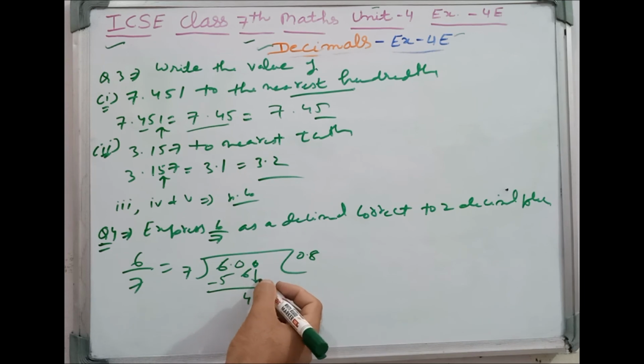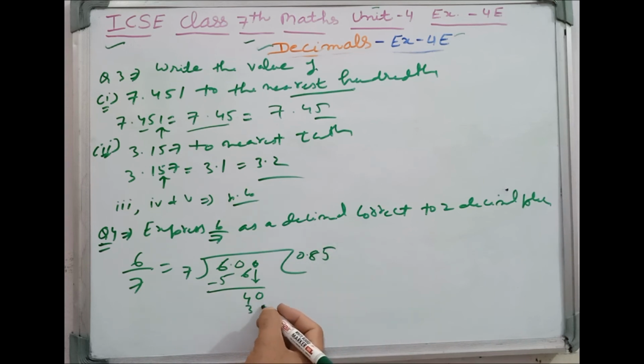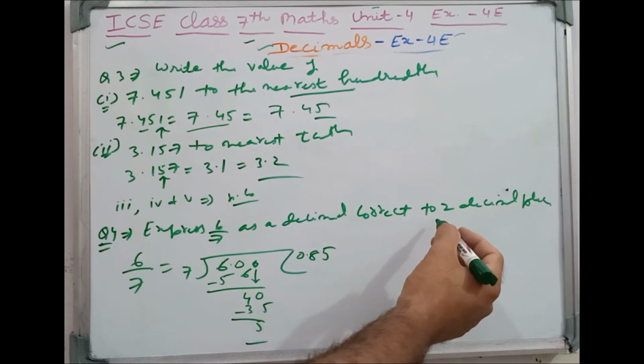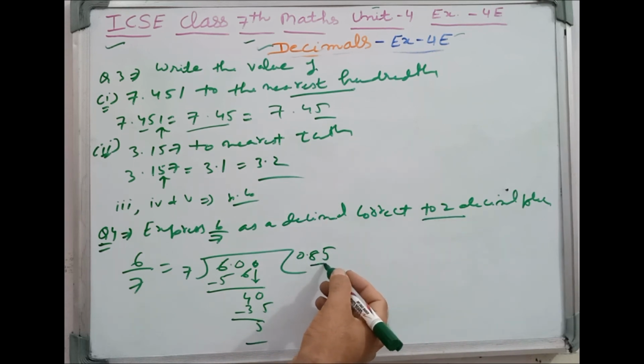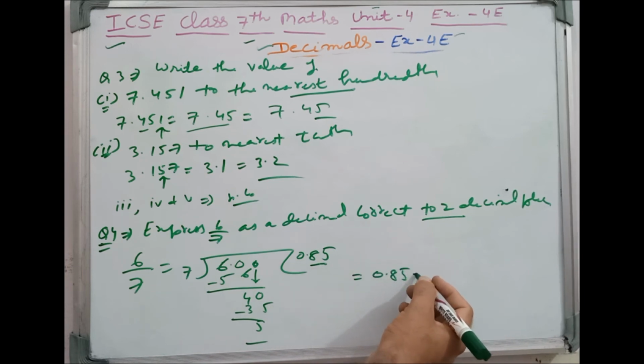Then 7 5s are 35, minus 5. It will go on and on, but it says correct to 2 decimal places. We will write 0.85 as it is.